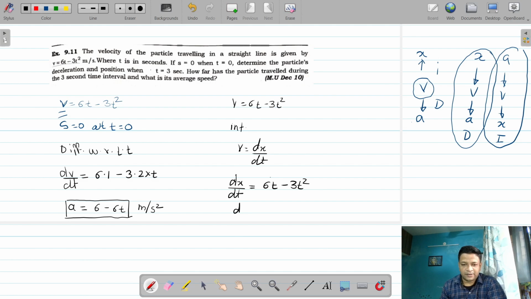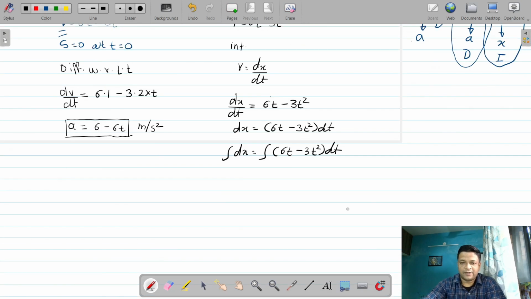Now dx is equal to 60 minus 3t square into dt. Taking integration on both sides, dx is equal to the integration of 60 minus 3t square dt.